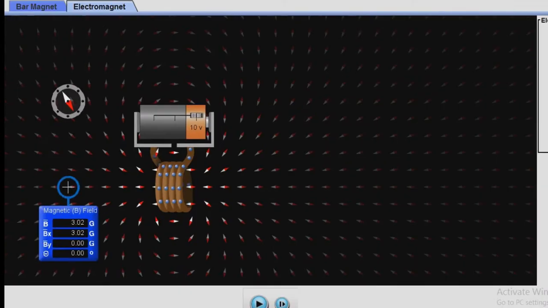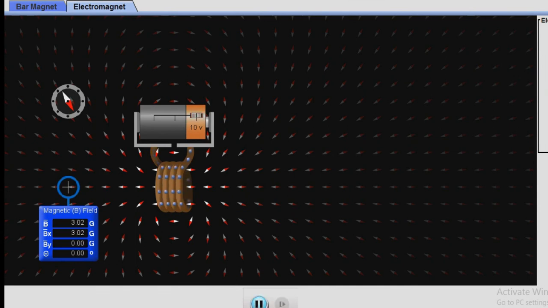Now let us do the virtual experiment I was talking about. Now we are showing the electromagnets. You can see there is a battery connected to a solenoid of 4 turns, and the battery is given plus 10 volt.